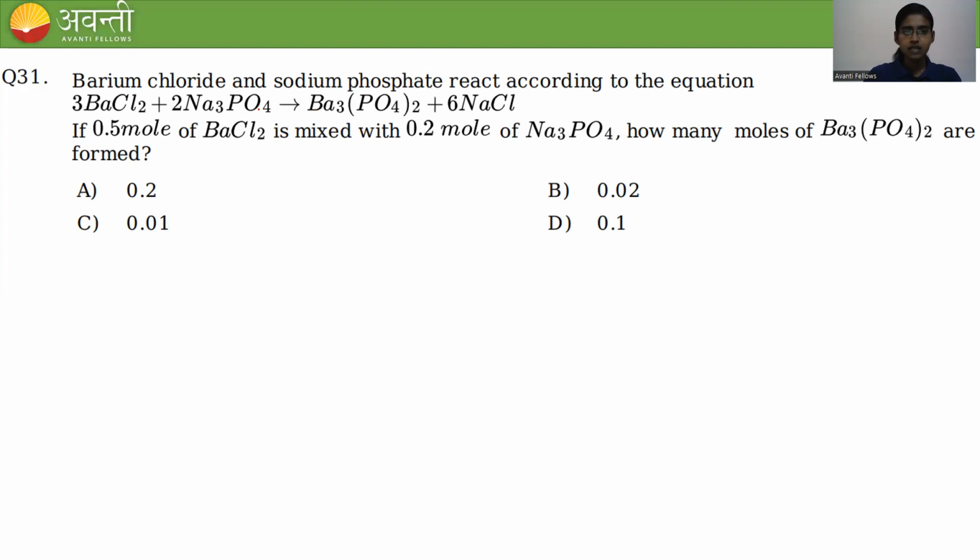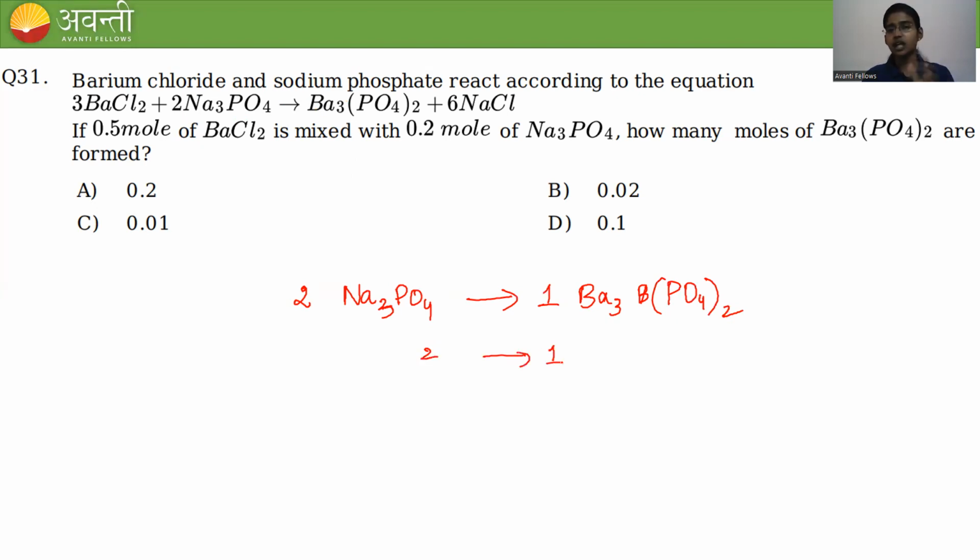From the given reaction, 2 moles of sodium phosphate gives 1 mole of barium phosphate.